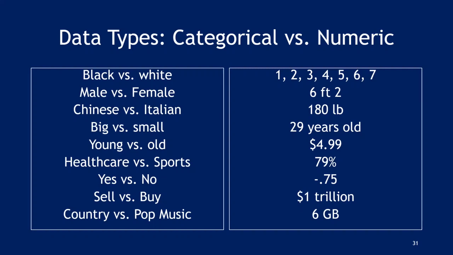So other numbers we can look at: 6'2", 180 pounds, 29 years old, $499, 79%, negative decimal values, 0.75, a trillion, so that's a very large number. You can also have very small numbers, and 6 gigabytes.